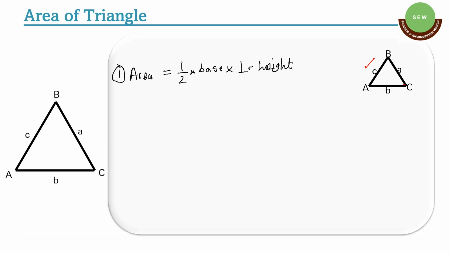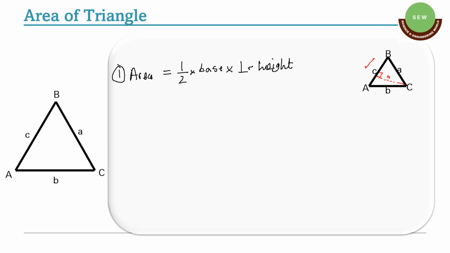That is, we need to find a line perpendicular to that. So this will be the height h. And if we put A as the base as well, then you need to find a line from A perpendicular to BC. And this is very important to this expression.